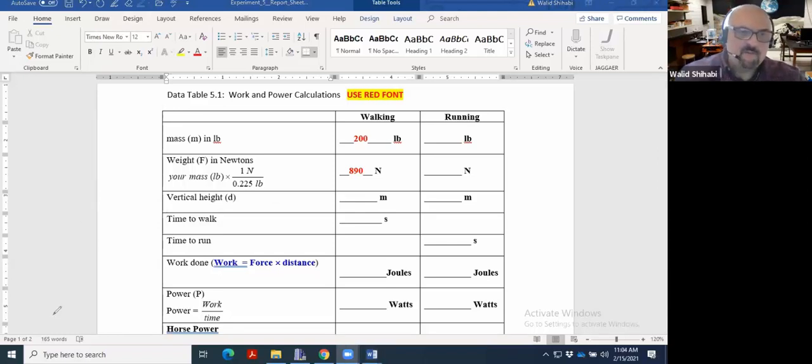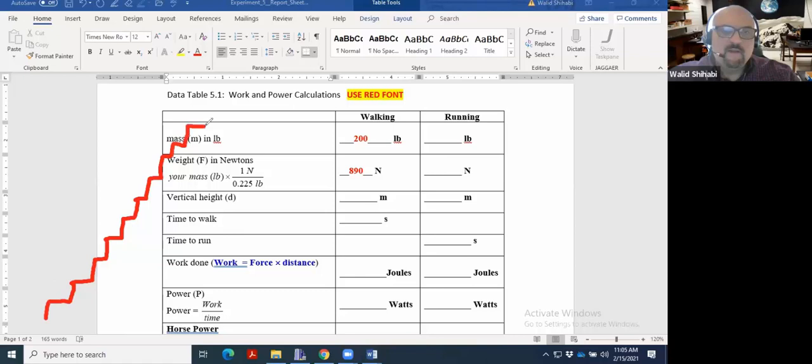So suppose you have this flight of stairs here, and try to select a flight of stairs that has at least 10 steps, okay. 5 steps if you cannot find 10 steps, but preferably 10 steps. 1, 2, 3, 4, 5, 6, 7, 8, 9, 10, okay, 10 steps. Suppose this is you here.